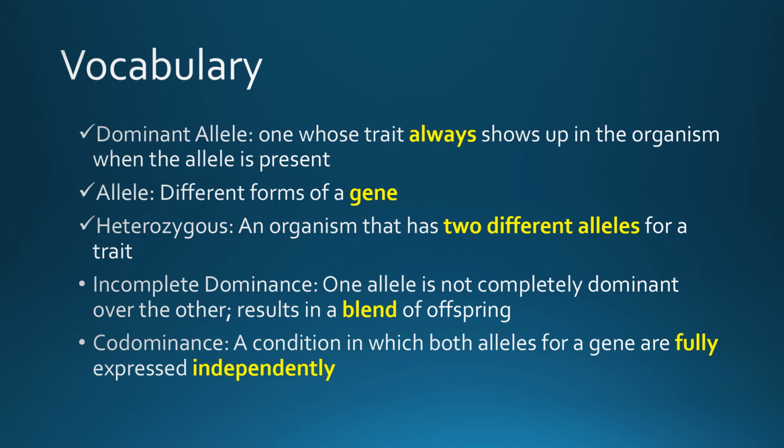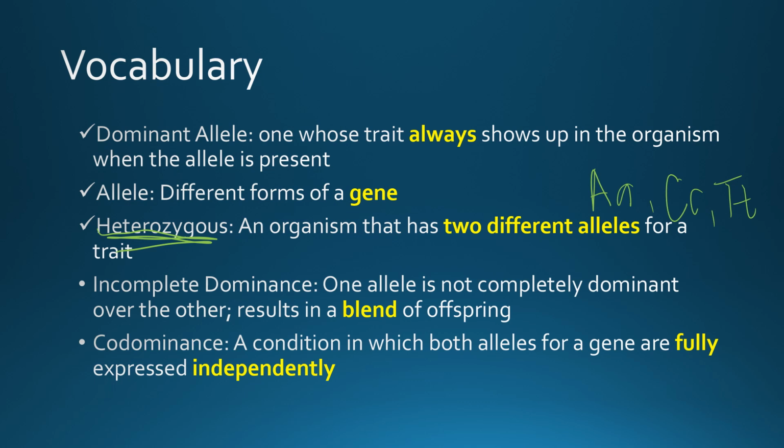Heterozygous individuals are organisms that have two different alleles for a trait. So often our heterozygous genotype looks like a capital and then a lowercase of whatever letter you are using in any circumstance. So that's what a heterozygous individual is. And these guys are going to be really important in today's lesson, because we're talking about incomplete dominance.